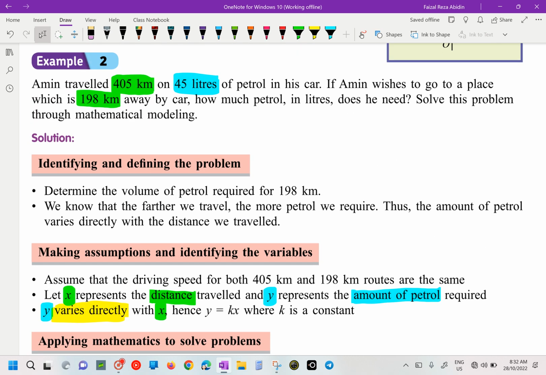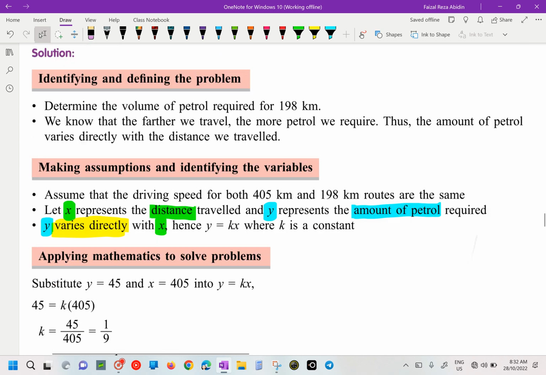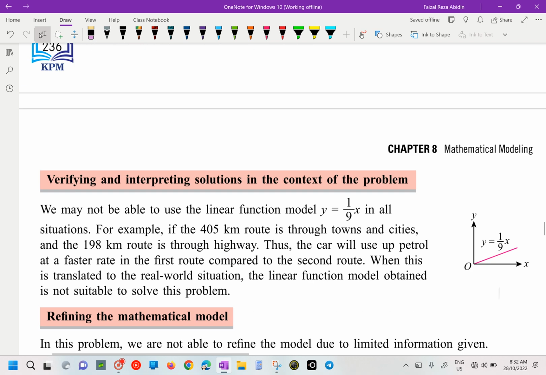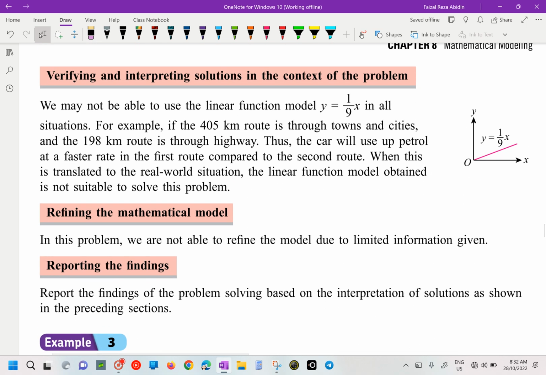How much of petrol, means that we are going to find our y over here. So y equals 1 over 9 times 198, means that 22 liters of petrol is required to travel 198 kilometer.